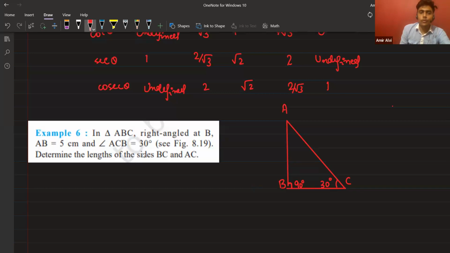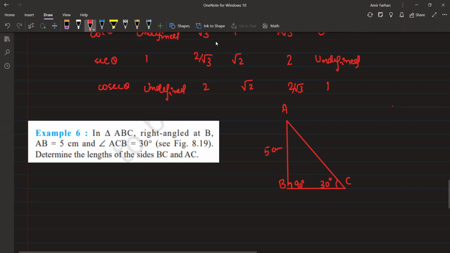30 is given. Now, Adil, you have to find out the value of BC and AC. AB is 5. Now, Adil, please tell me how to solve this question. Is there any need to find angle A, dear?